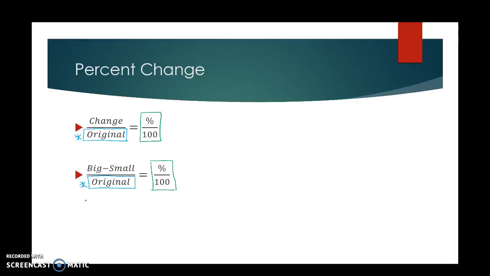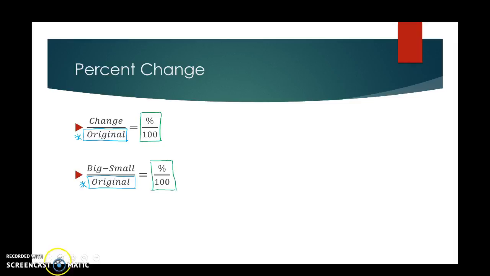So the change would be the difference there. In one of those, we increased our grade, and we know that because the original was smaller. In the second situation, the batting example, we decreased, and we are able to tell because our new number is smaller.